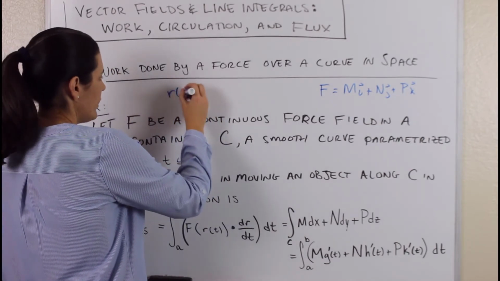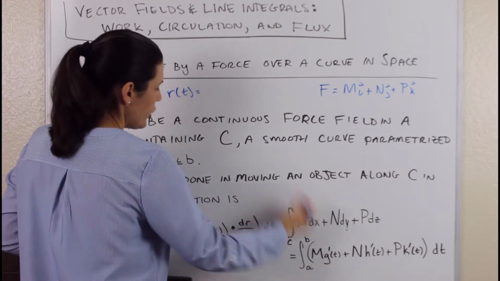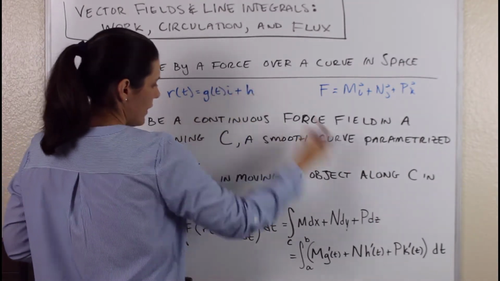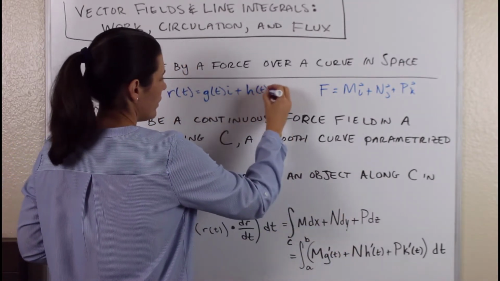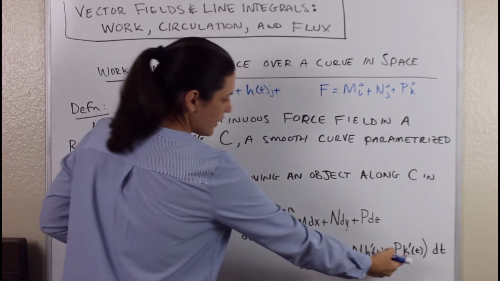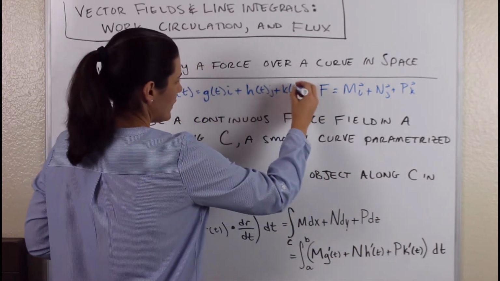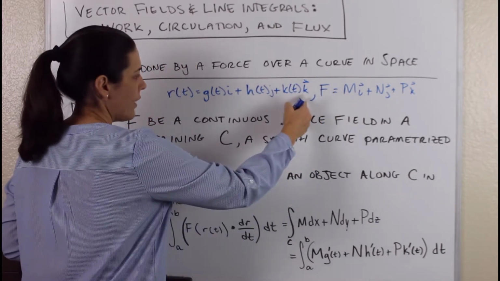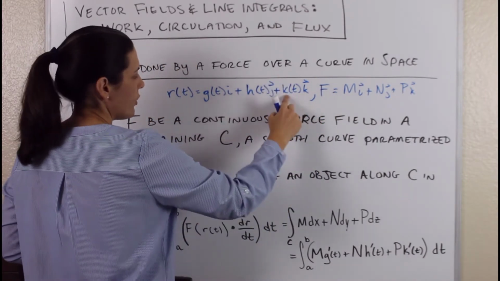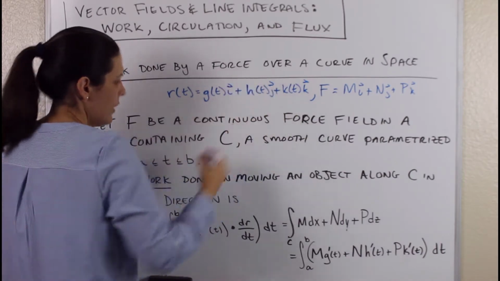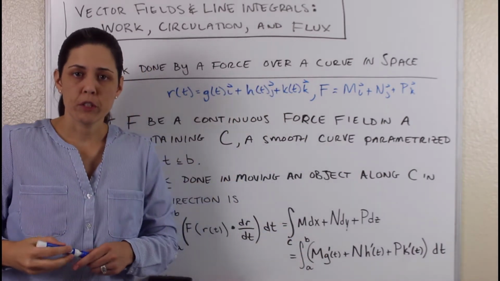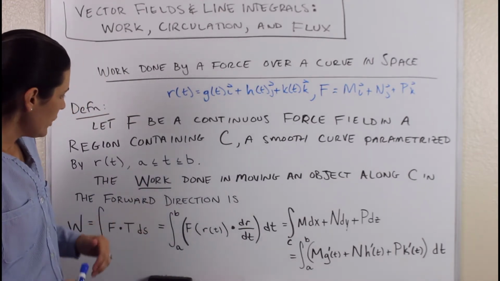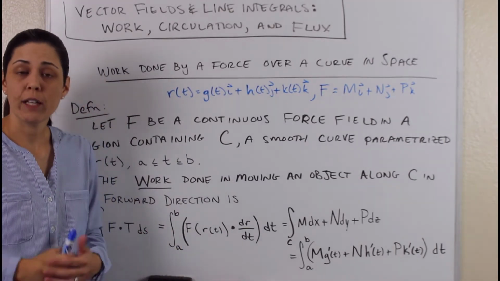We had r of t was g of t i plus h of t j plus, and this one's a little silly, but it's k of t k. So let me just put my vector notation on. That's the vector component k. This is just a function called k. So that's where these labels came from, just so you're aware. We went over them in the previous video. So by definition, this is going to be how we calculate work.